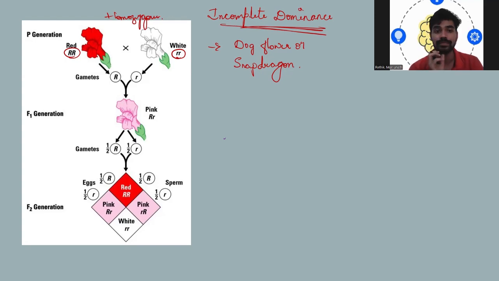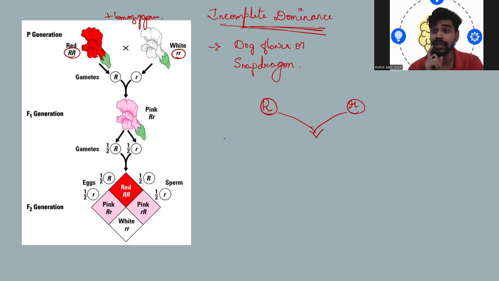And they made a cross between these two flowers. So what will be the resultant gametes? Obviously, one will be R and the other will be small r. When these gametes were crossed, what could be the expected result according to law of dominance?